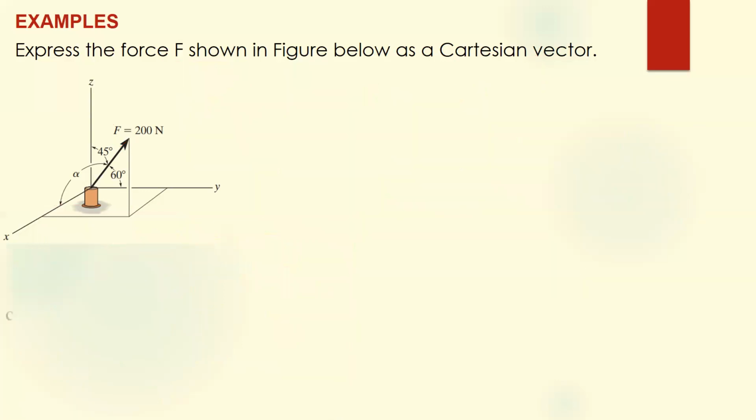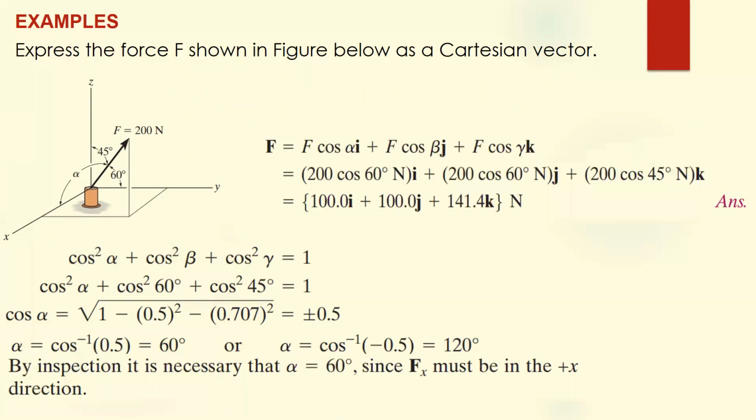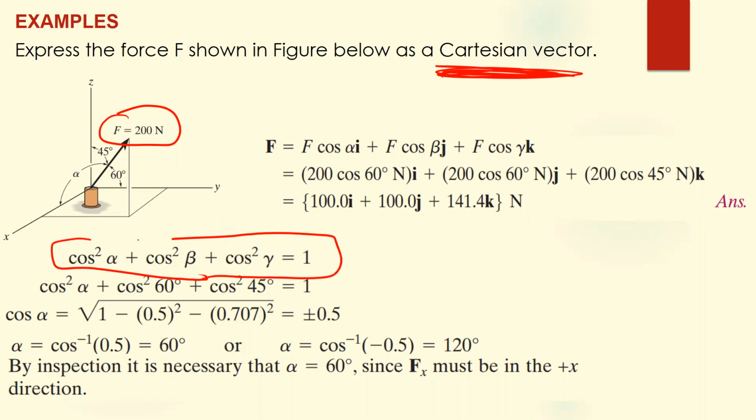So let's take a look at the solution. Yeah, so this is exactly what I was saying. So this is the unit vector. If they ask you to express any given force as a Cartesian vector, the most important thing that you need to look for first is the direction cosine angles.